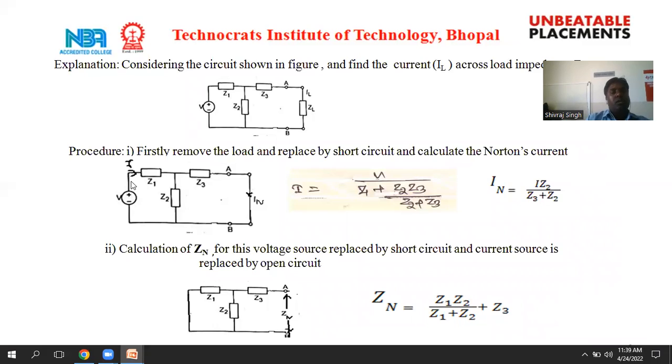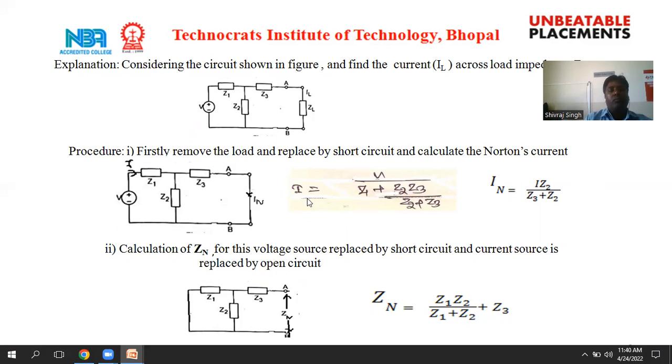So here, assume that the current I flows through this supply. So the current I must be equal to the voltage upon total impedance. Here Z2 and Z3 are the parallel combination and Z1 is the series combination. So here the current I must be equal to the voltage upon Z1, that is the series combination, plus Z2 and Z3 in parallel, that is Z2 Z3 upon Z2 plus Z3.